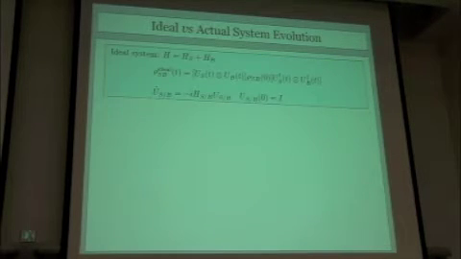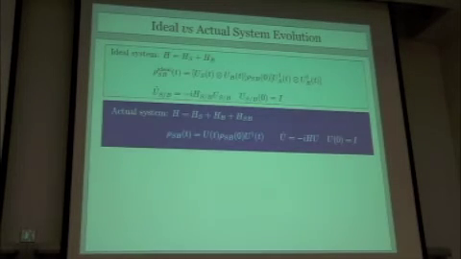Now let's compare ideal and actual system-bath evolution. So here's the ideal system-bath scenario. We don't have a coupling between them. H_SB has been set to 0. That's the ideal case. The bath is evolving subject to some bath phenomena, but there's no coupling between them. So the system doesn't know that the bath is there. On the other hand, in real life, just like before, we do have a coupling.